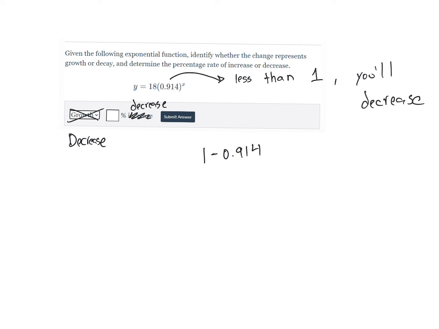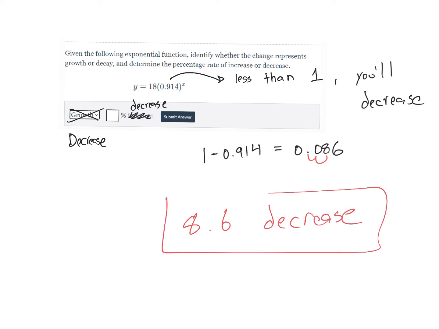How far away is 0.914 from 1? I'm just going to do 1 minus 0.914. I get 0.086. And then when you move the decimal to the right, you get the percentage. 8.6% decrease every time x passes.